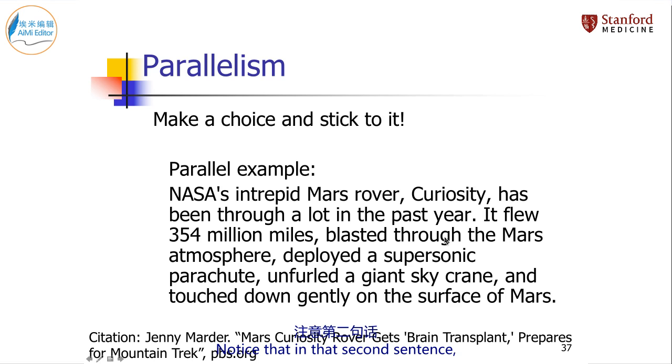Notice that in that second sentence, it's got a list of things, and they're all parallel. They all follow the same structure. We've got it flew, blasted, deployed, unfurled, and touched down. So everything in that list starts with a verb. Also, notice the really nice verbs in this sentence. Those are lovely verbs.